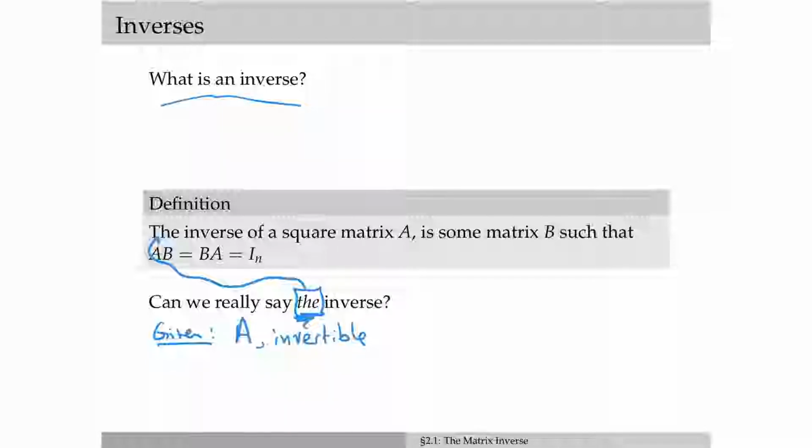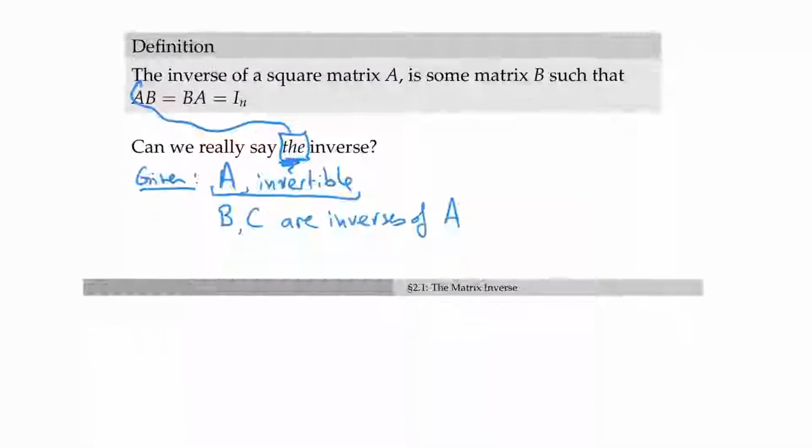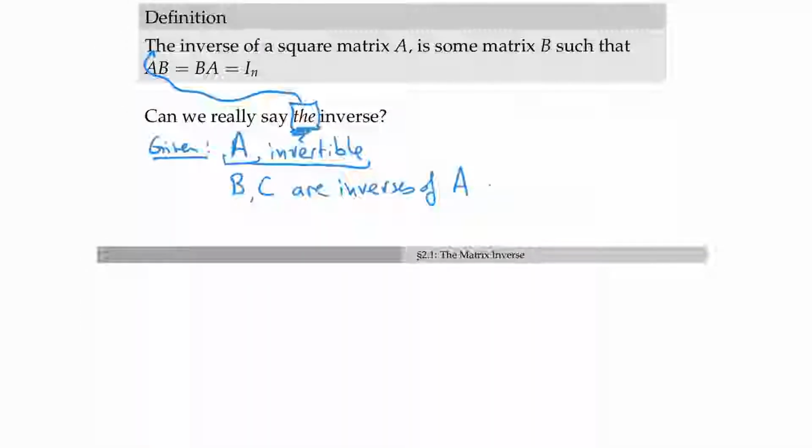But for now, for the sake of argument, let's say I give you an invertible matrix, and let's say that B and C are inverses of A. Okay? Now we will show B equals C. In other words, the inverse is indeed unique.